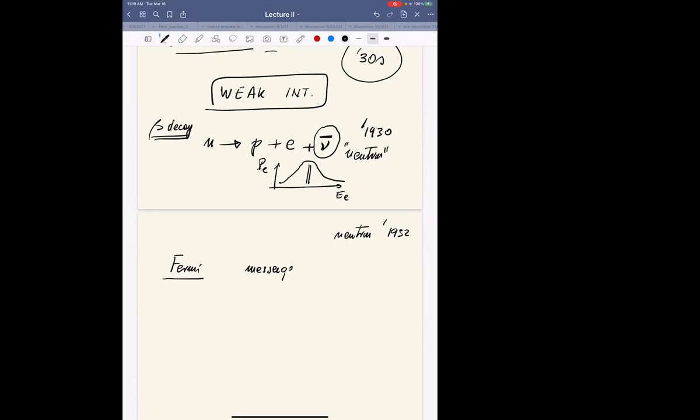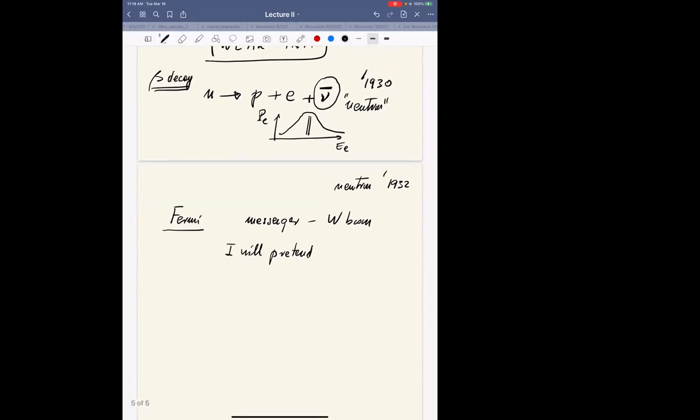And you know what the messenger is, right? There is a messenger, we call it the W boson. We'll come to it. But I have no way of describing coherently the physics of the messenger, says Fermi. So Fermi says, I will pretend there is no messenger. In order to write a verifiable law of nature, I will do what is called today an effective theory.